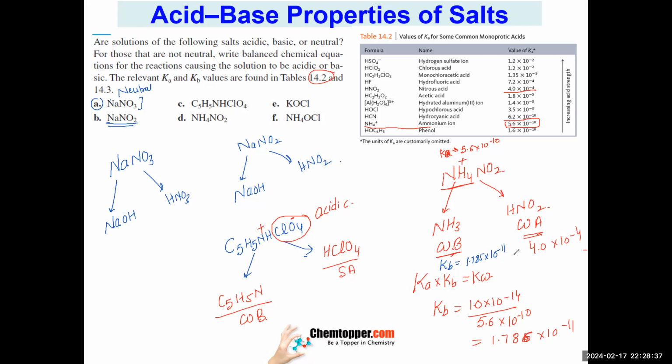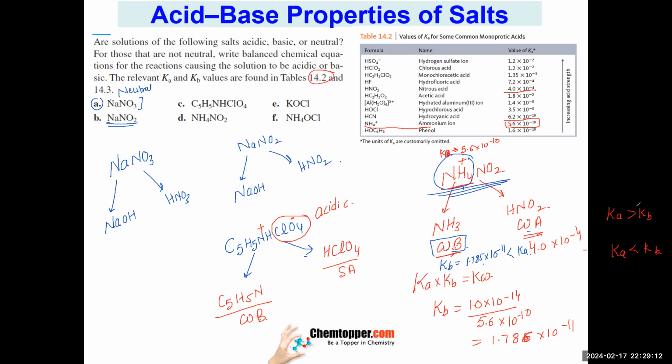So this is Kb, which is weaker than, lesser than Ka. So who is stronger? The weak base is very weak, so its conjugate is stronger. So ammonium is stronger, right? So what kind of salt is this? Remember I told you that if both of them are weak, then you just check whether Ka is greater than Kb or Ka is less than Kb. Check your table which I gave you.